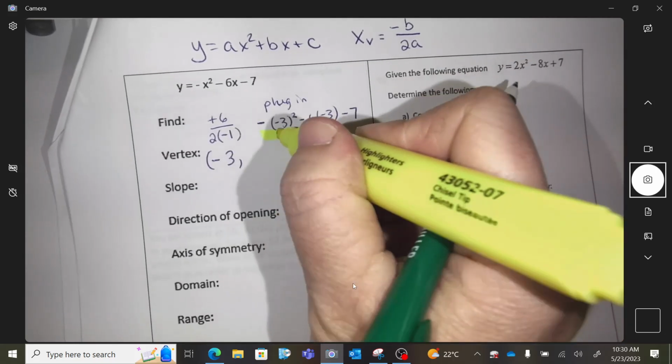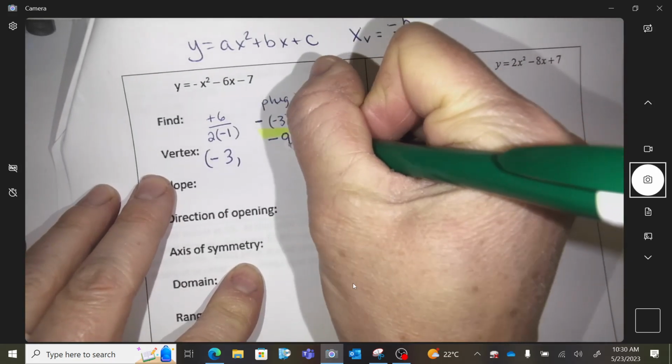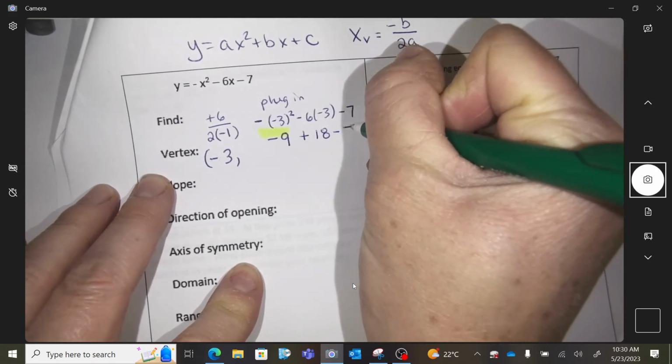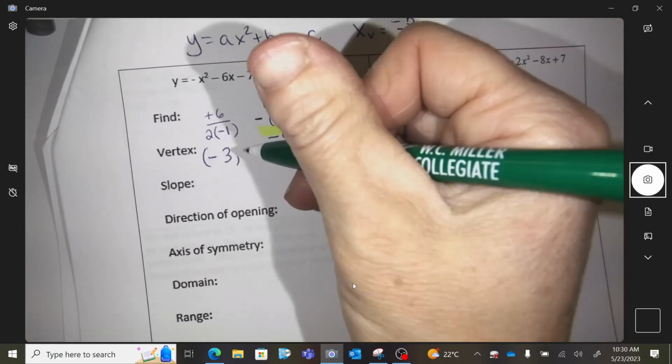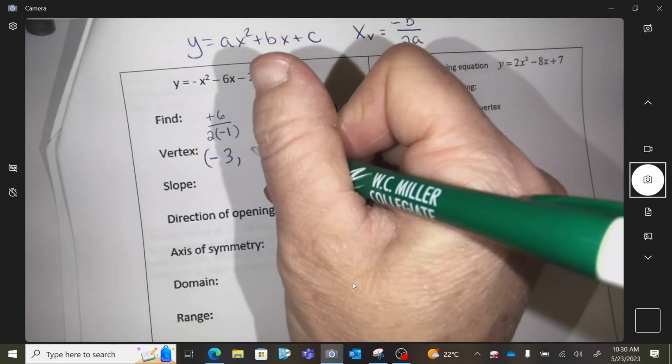So what does this come out to be right there at the start? What is the negative of negative 3 squared? Negative 9 plus 18 minus 7. Which is 2.